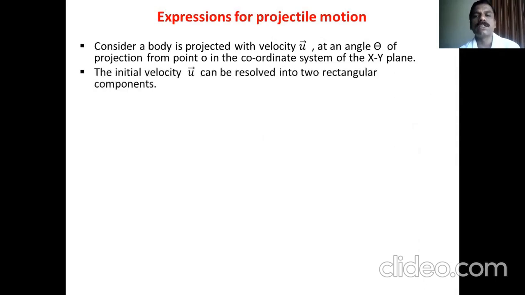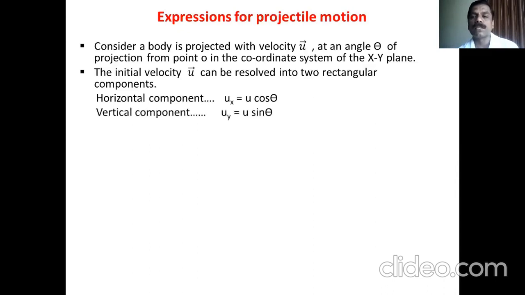Already we have seen projectile motion is two-dimensional motion. The initial velocity can be resolved into two components. One is the horizontal component along the x-axis, denoted as ux, which is u cos theta. Another is the vertical component along the y-axis, denoted as uy, which is equal to u sin theta.